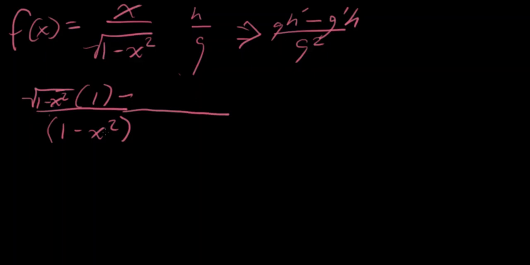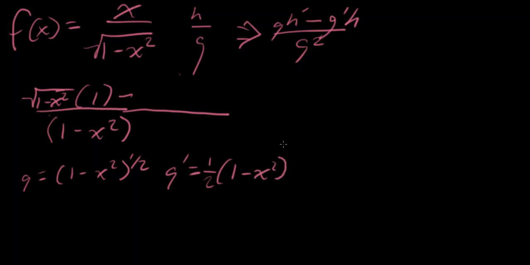Well, what's g, right? g is equal to 1 minus x squared to the 1/2. So g prime, what is that equal to? Well, if you notice here, I've got some function raised to a power. We've got to use our chain rule along with the power rule. So by the power rule, what was the rule? We had to pull the 1/2 out.